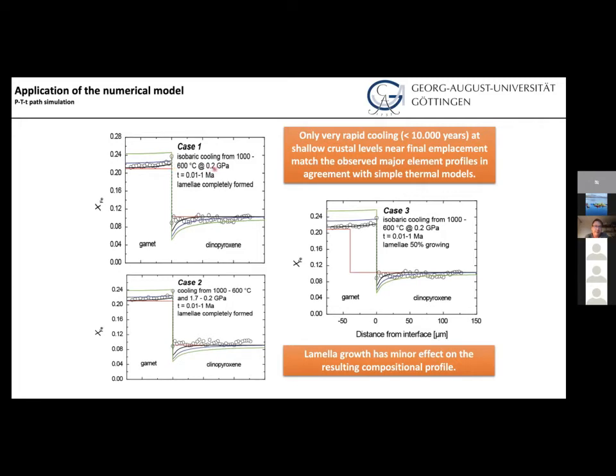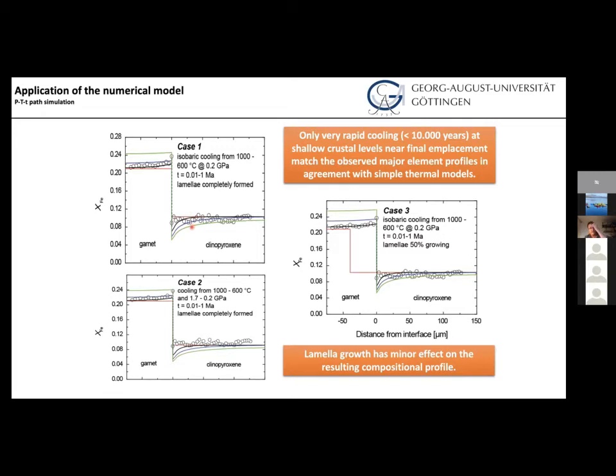So we choose basically the final depth where we expect our granulite block to have been emplaced, and we did model different times with a starting composition once again here in red, and then the time evolving from black to blue to green. And you can see that we can match the garnet profile quite nicely. Well, the clinopyroxene profile doesn't do a lot.